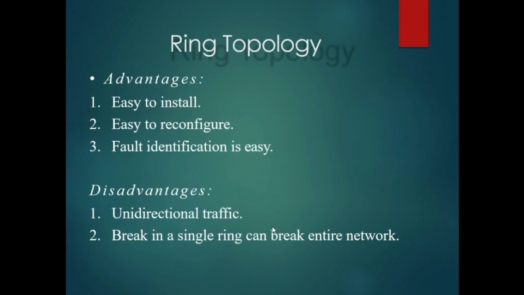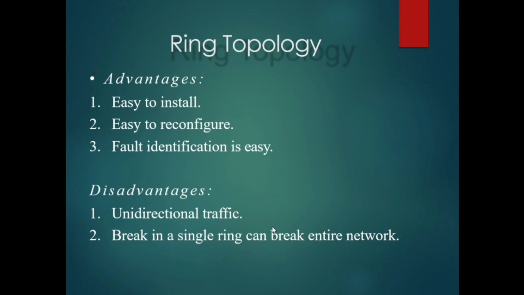Now I will show you some advantages of ring topology. It's very easy to install and easy to reconfigure. Fault identification is easy. Disadvantage: unidirectional traffic. Basically if the traffic is busy, because everyone wants to send their data to another computer, and the data goes in one direction, then this unidirectional traffic problem will happen.